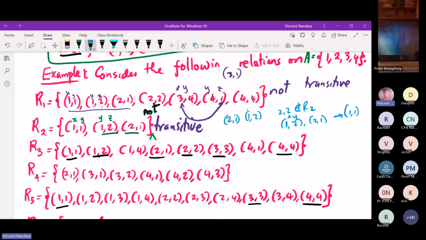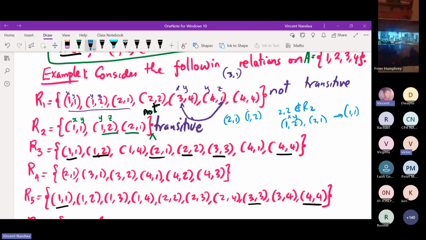But remember, you need to check all possible pairs which satisfy that condition. If you find two pairs which don't satisfy the condition, that disqualifies the relation from being transitive.